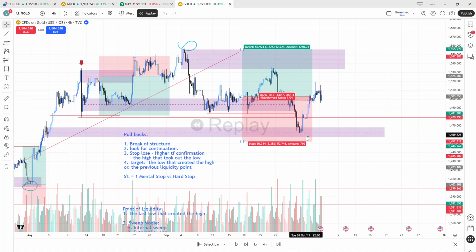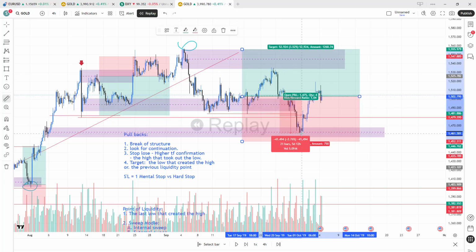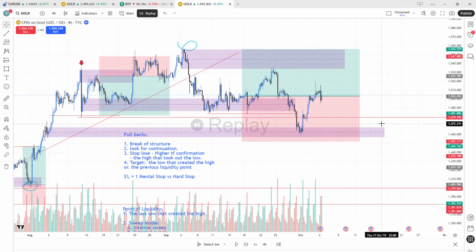Again, mental stop. And this is what this is. If you are in the trade, you're in drawdown for how long? 5 days, a week. It could be 2 weeks. Okay. Emotional wreck.